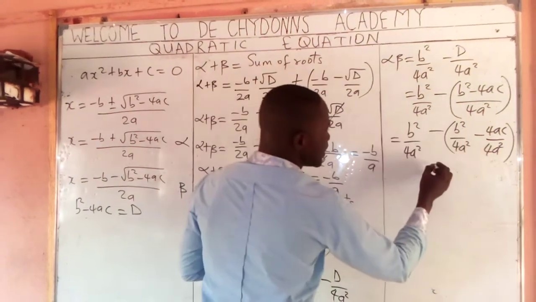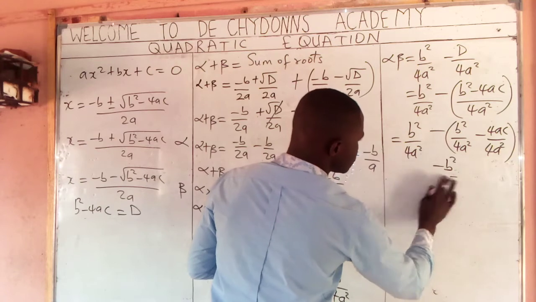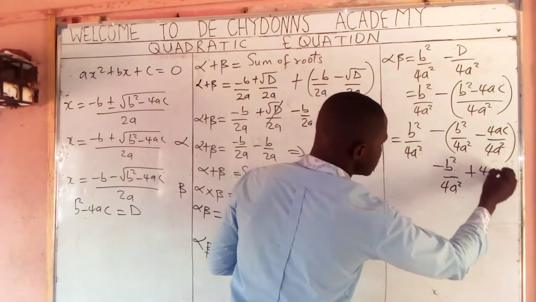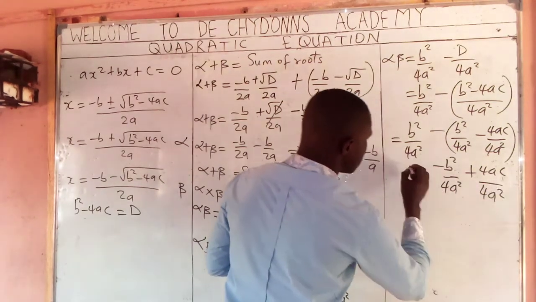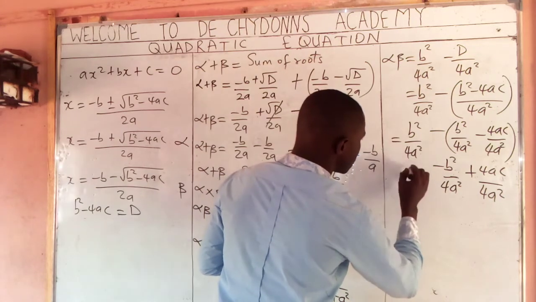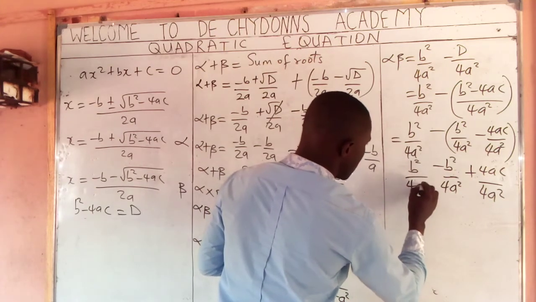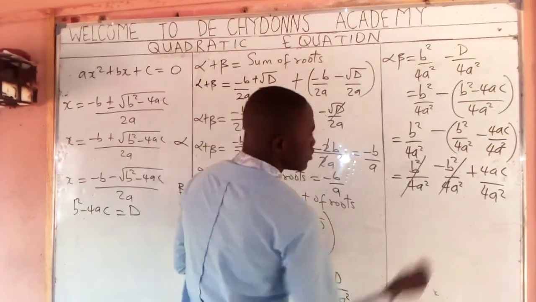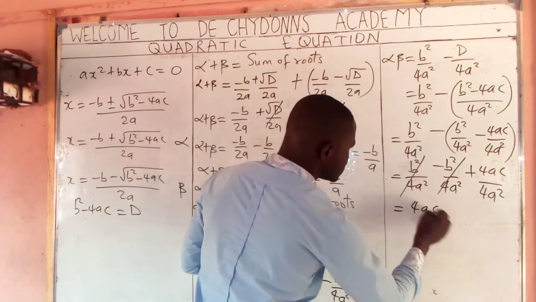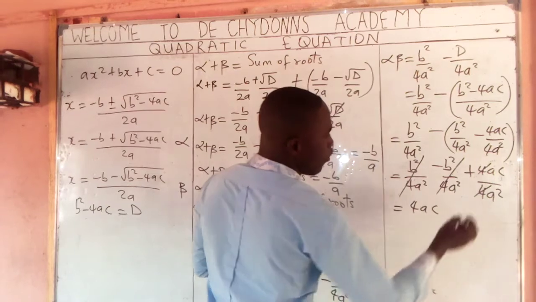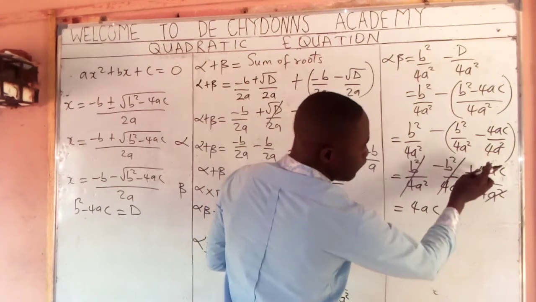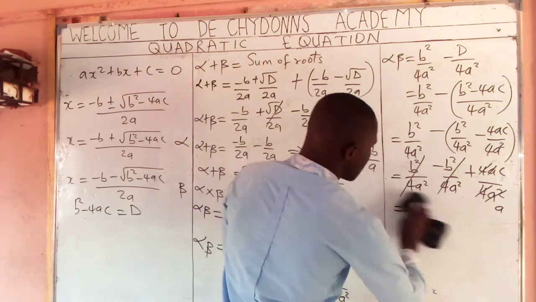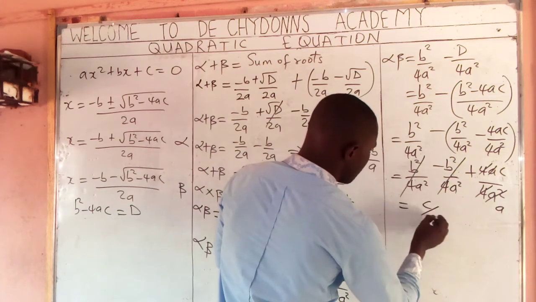Then minus times minus is minus b squared over 4a squared, minus times minus is plus 4ac all over 4a squared. So this we cancel because they are different signs. Then we'll be having 4ac over 4a squared: 4 divided by 4 is 1, a divided by a is 1. That will be giving us c over a.